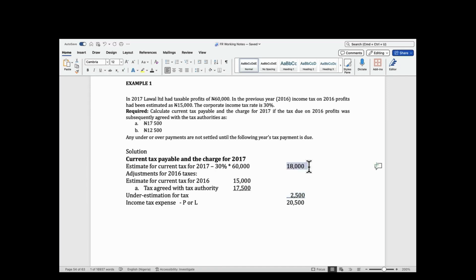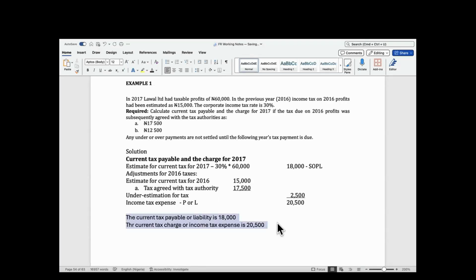So the payable for 2017 is this 18,000. This is the one that goes in as a current tax liability. So the current tax payable or liability is 18,000. But the current tax charge that goes to P&L, or income tax expense that goes to P&L, is the 20,500.